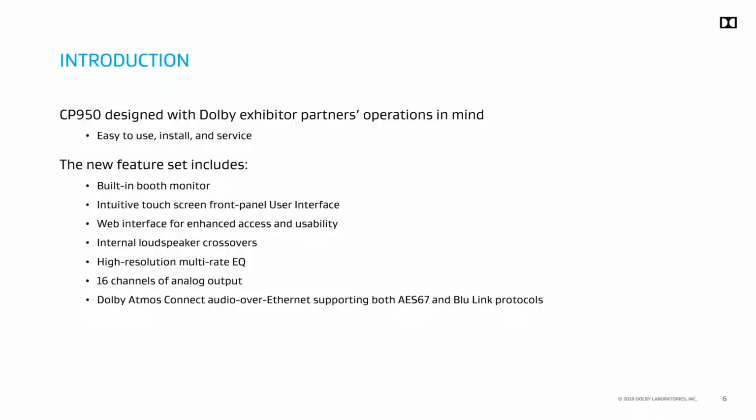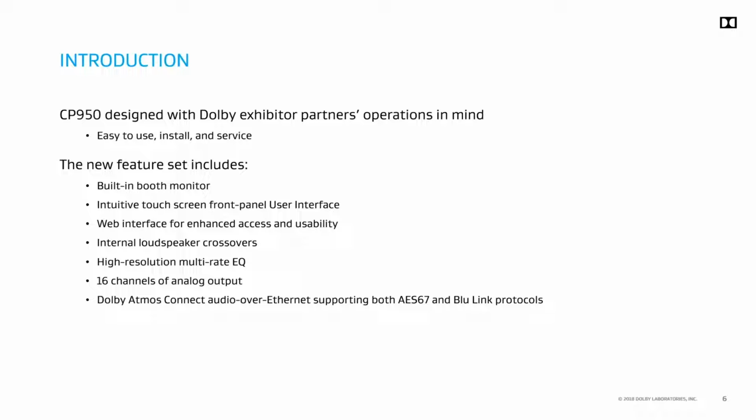The CP950 is the latest release of Dolby Cinema processors. The CP950 was designed with Dolby exhibitor partners' operations in mind. It's designed to be easy to use, service, and install.